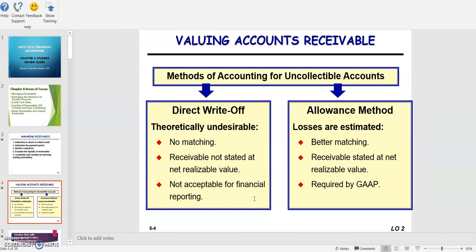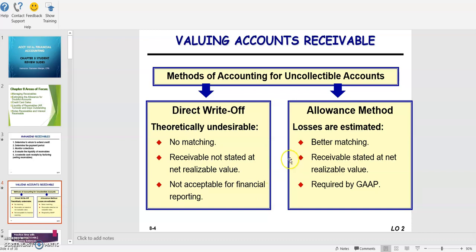And with the allowance method, a company is going to look at their accounts receivable from their customers at the end of each accounting period. They're going to assess whether it is likely that their customers are going to pay that balance when it's due. And the losses are estimated in the same period that the sale occurs. So there's going to be better matching.